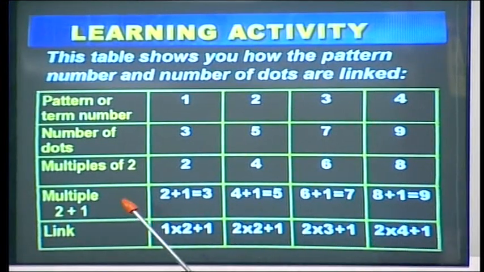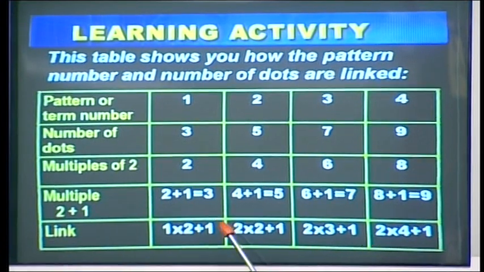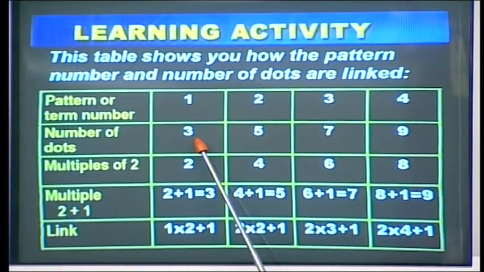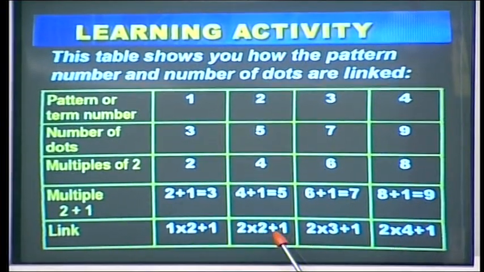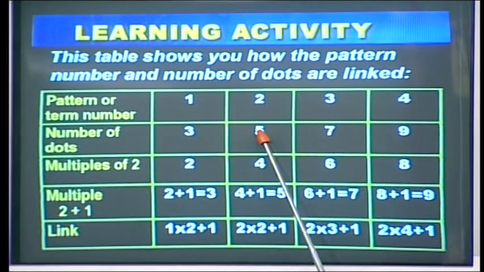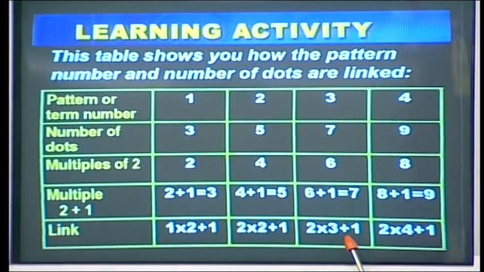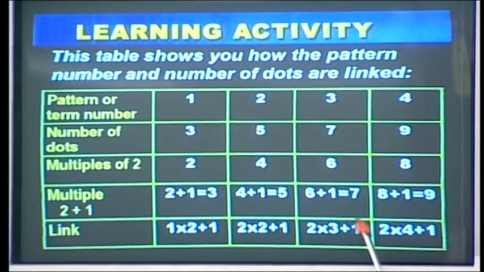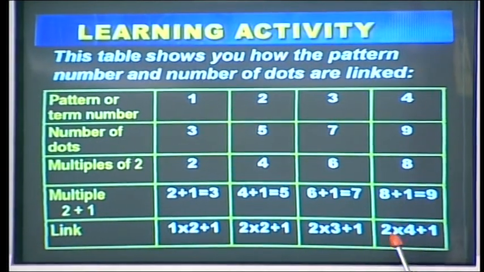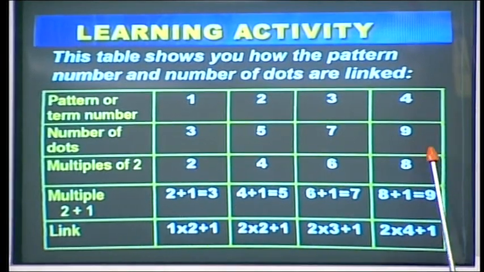So the link here would be 1 times 2 plus 1 is equal to 3. 2 times 2 is equal to 4, plus 1 is equal to 5. 2 times 3 is equal to 6, plus 1, 7. 2 times 4, 8, plus 1, 9.